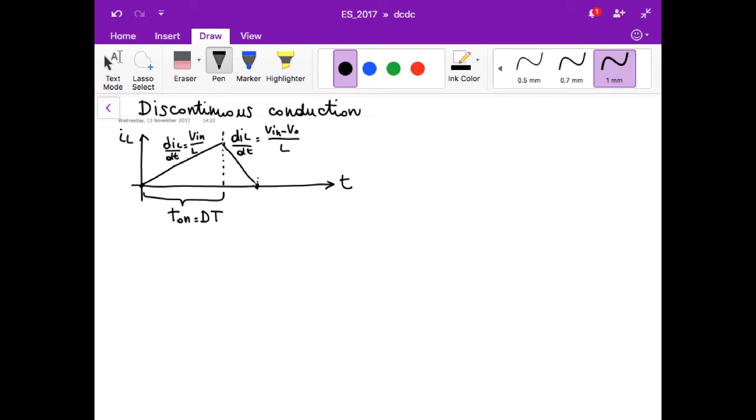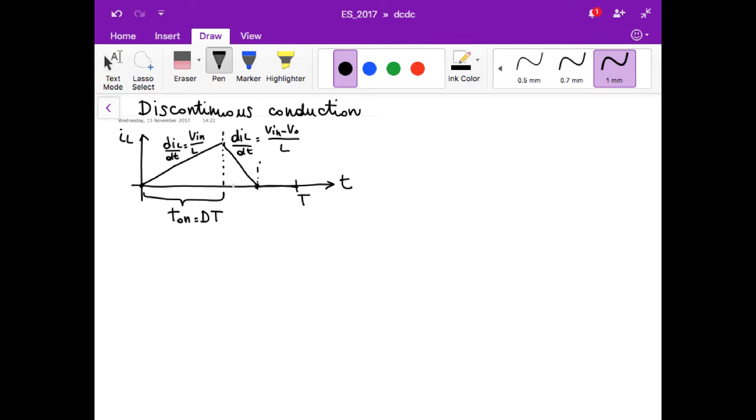What happens is that the current cannot go negative because it has to pass through a diode. When it tries to go negative, the diode goes off, and then the current goes to zero until the end of the period. So again, we have this situation of non-conduction.